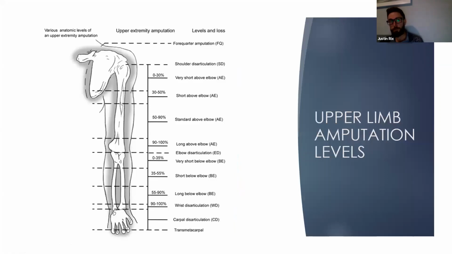I'm going to touch briefly on upper limb amputations. Not going to spend a lot of time with prosthetics. There's quite a bit to go through, so I'm trying to keep it fairly concise.